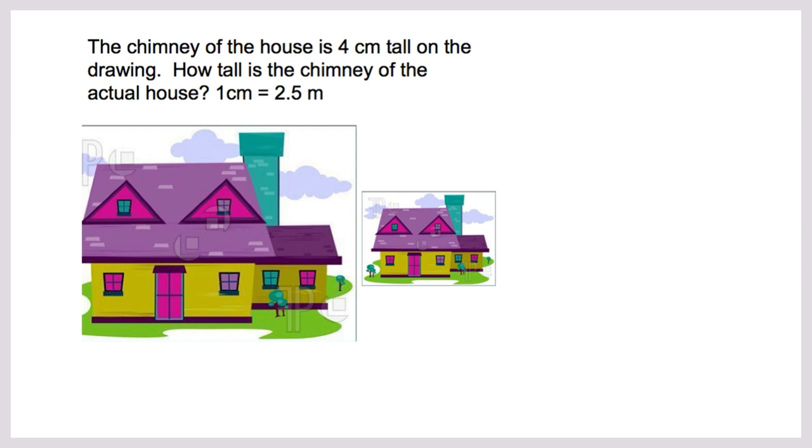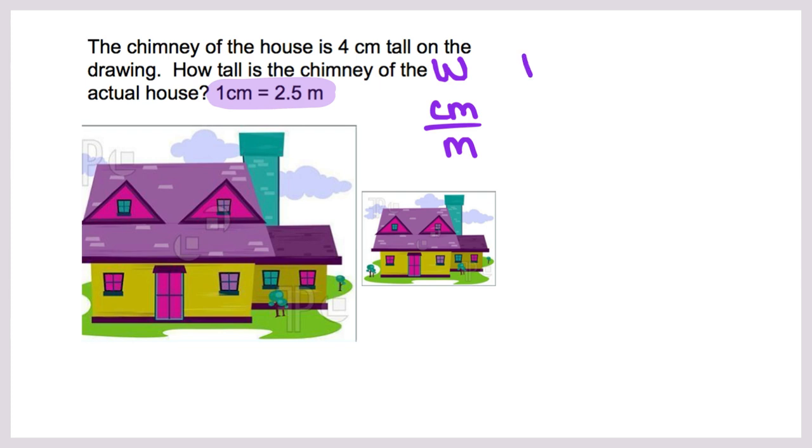So we got cm over m. Very good. Cm over m, because they've given you 1 centimeter is 2.5 meters. Okay, so cm over m. That's my words.